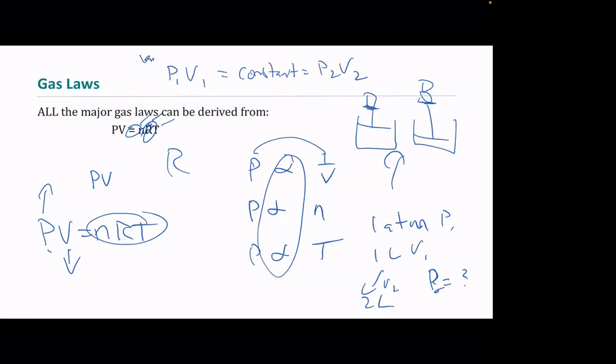You have 1 atmosphere, 1 liter, and now you have 2 liters. This just goes away, right? It just becomes P1V1 equals P2V2, right? And that's easy. We doubled the volume, so we halve our pressure. So we go to 0.5 atmospheres.